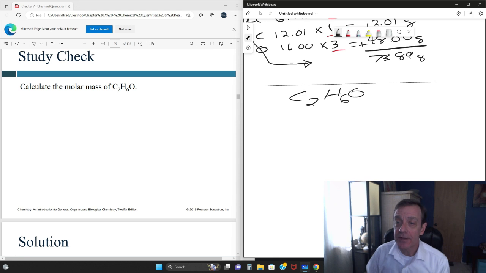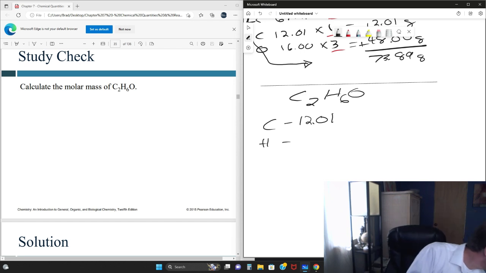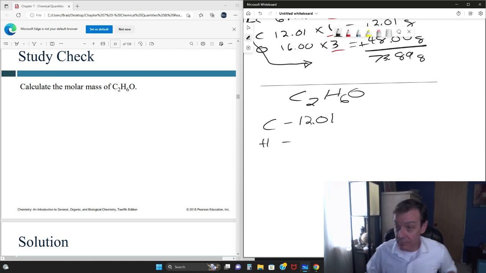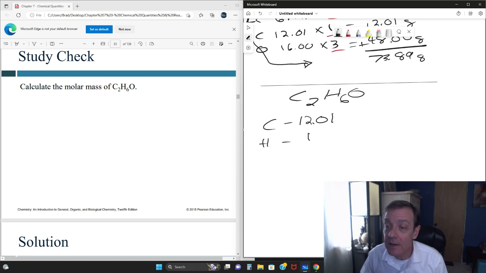Okay, so the first thing, what was the molar mass of carbon? Okay, molar mass of hydrogen is, look on your periodic table, 0.8. Okay, and molar mass of oxygen is from above 16.00.